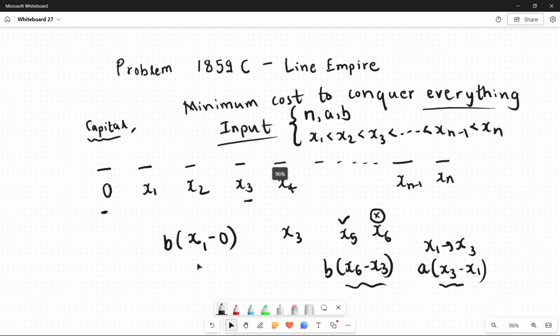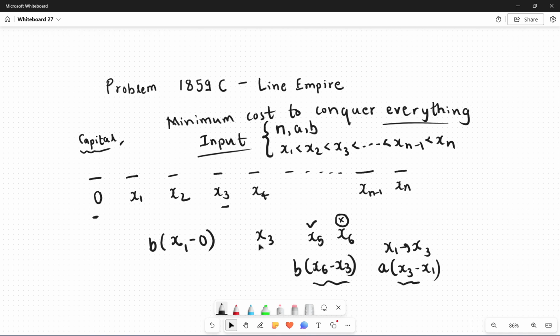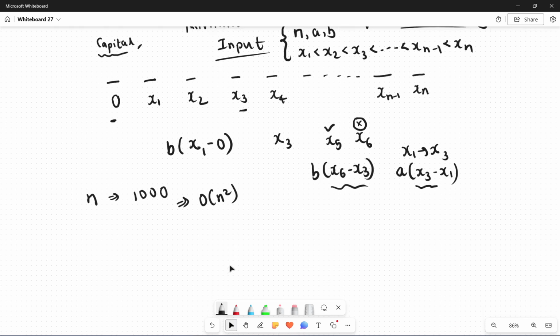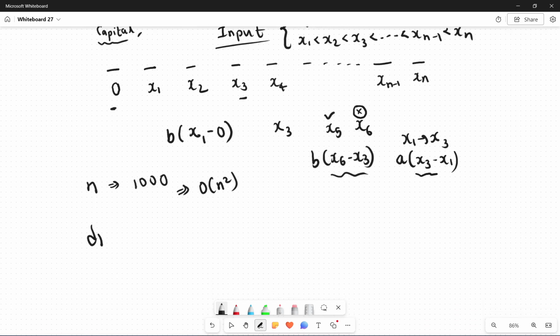Suppose the constraints were small, say n was up to 1000, then you would have written an O of n square solution, right? So a dp solution, basically. You will make dp of i comma j, where you want to conquer till the ith index.